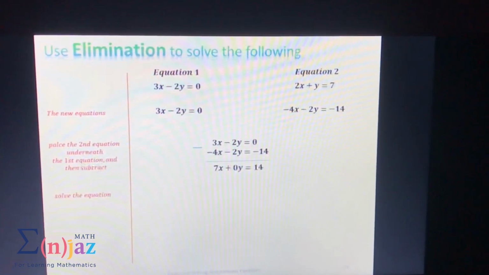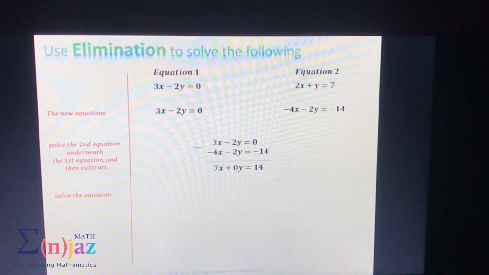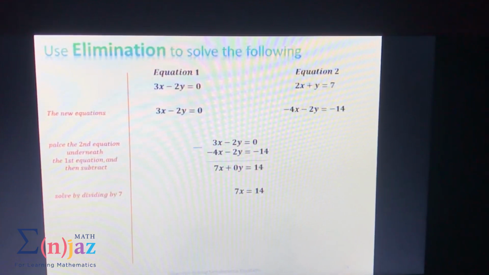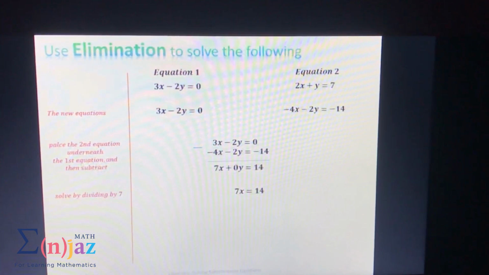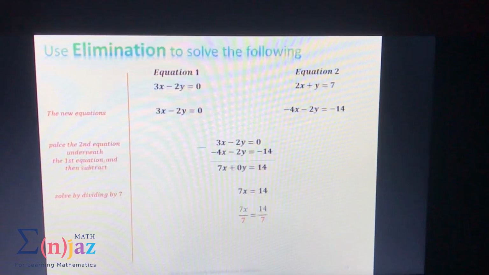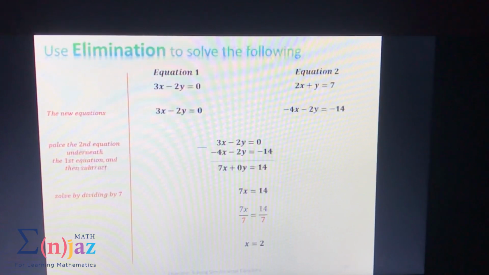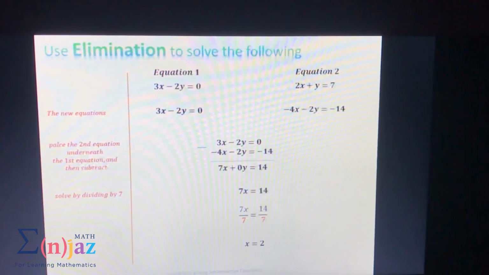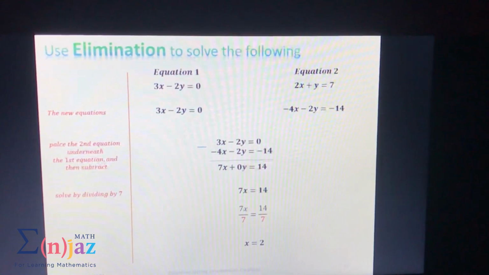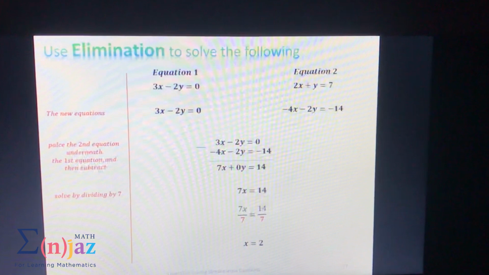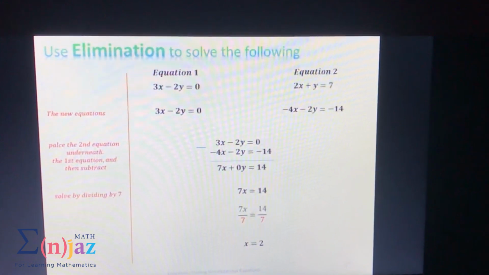If we simplify this, it's going to be 7x is equal to 14. So we're going to divide all by 7 because we're getting rid of the coefficient of x. And accordingly, 14 divided by 7 is 2, so x is equal to 2. Now, substitute the value of x in any of the two equations, and we're going to find the value of y.